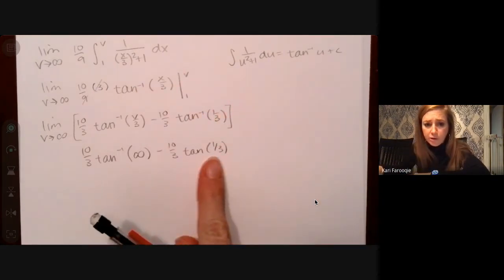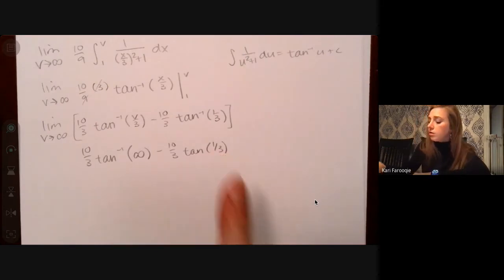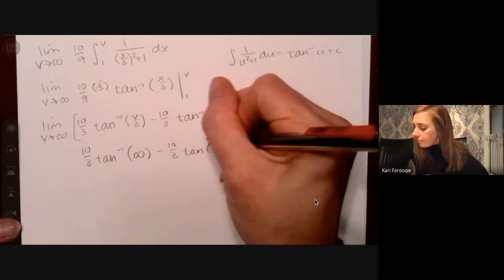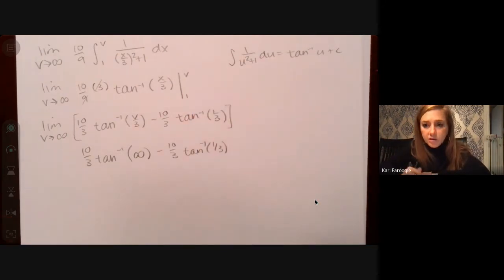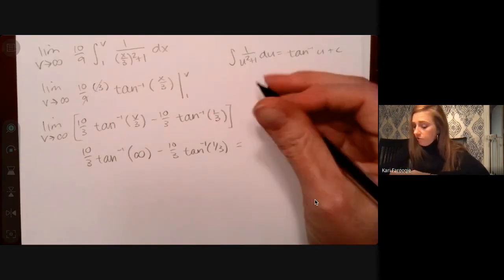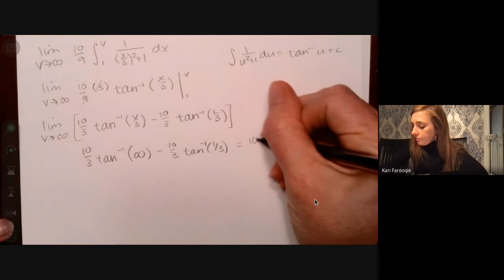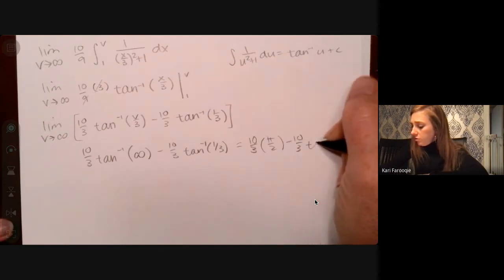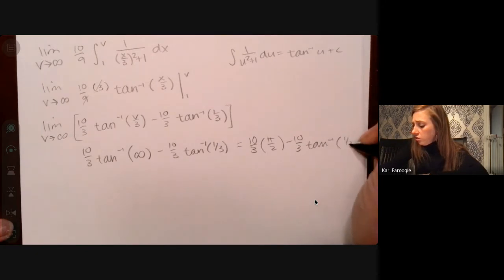There's no need to evaluate. It's not like it's pi over 3 or the square root of 3 over 3. But it's a constant. It doesn't matter. But the point is you end up getting 10/3 times pi over 2 minus 10/3 inverse tangent 1/3.